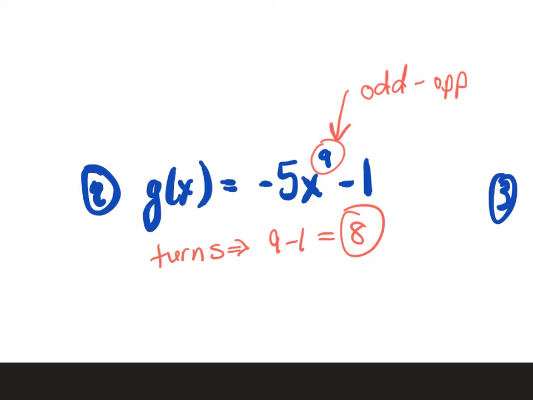So an odd function, guys, generally follows the pattern of a cubic. It generally looks like a cubic function that slopes upwards, right? But this is what kind of a number?